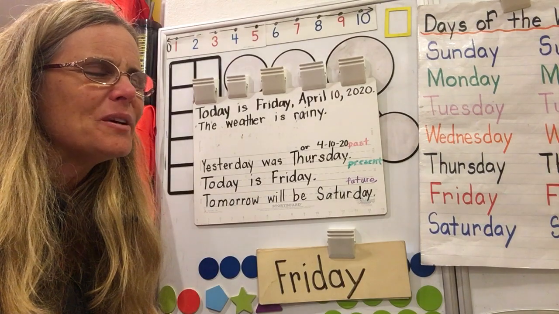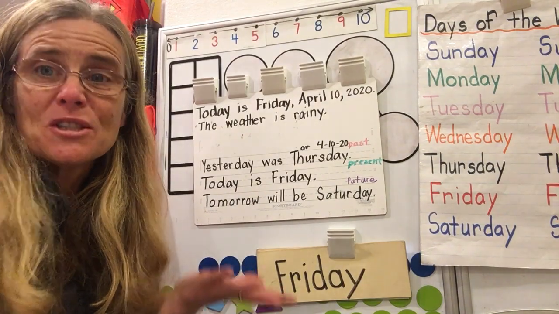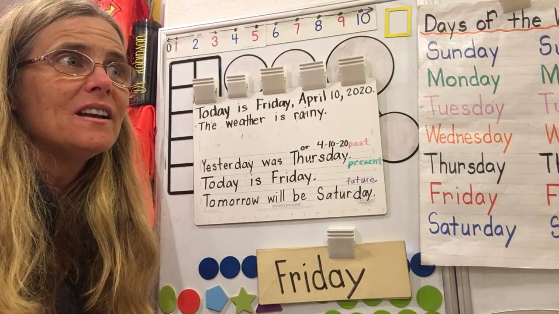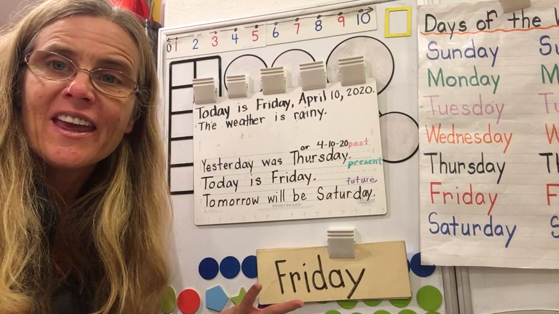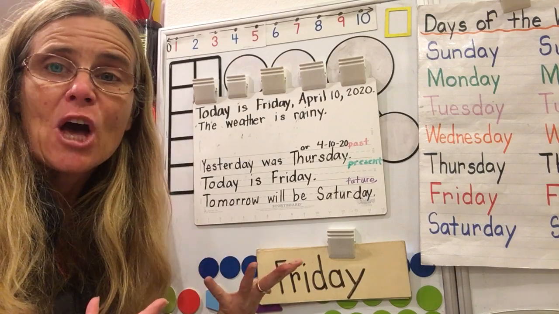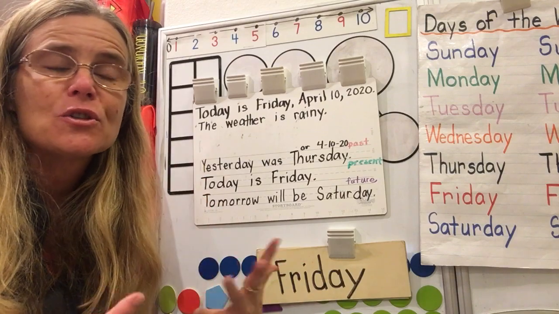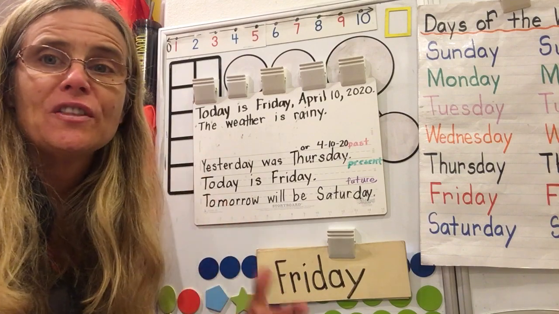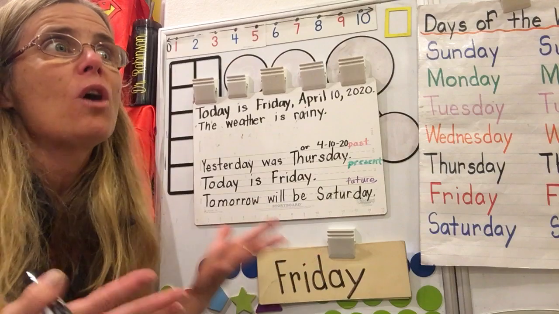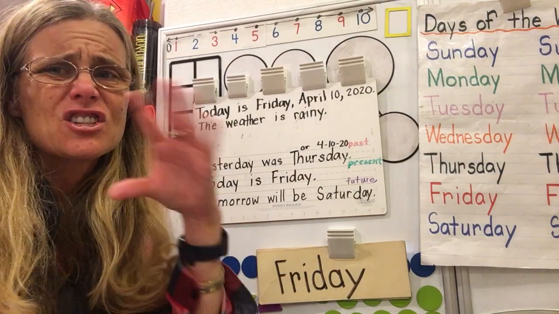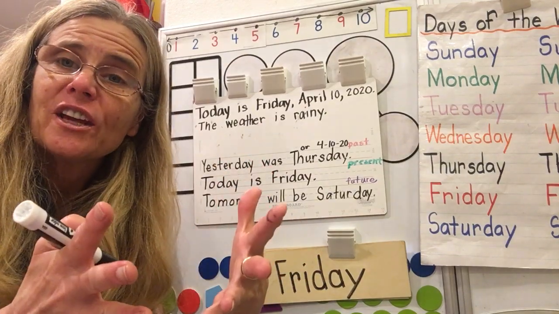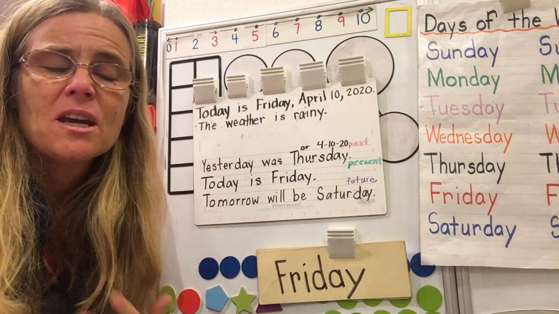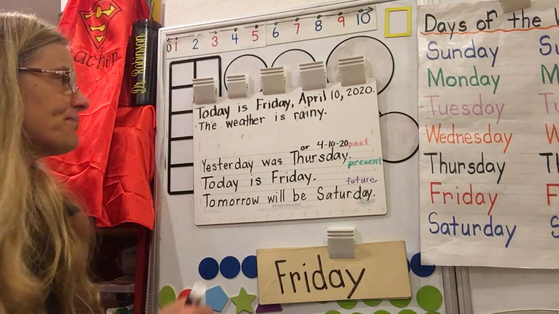And then I don't get to see my kids, my students, when the week is over, and we were going to get ready for all these great things, and open house, and the end of the year is so much fun as a teacher because my students are so ready to learn, and they demonstrate all these things that we've worked so hard on all year, and that's just gone. So we get to be together here, but it doesn't feel the same. So today was kind of a blue day.